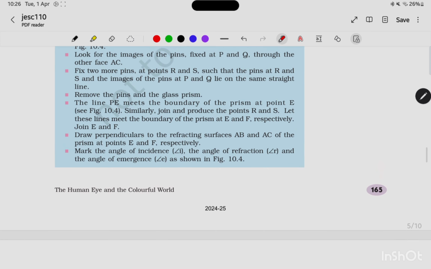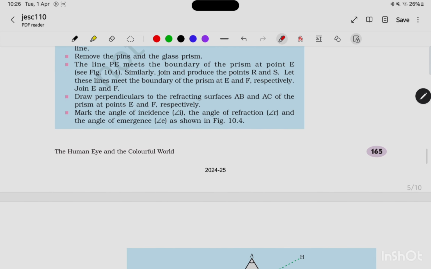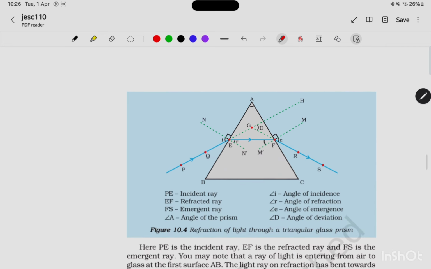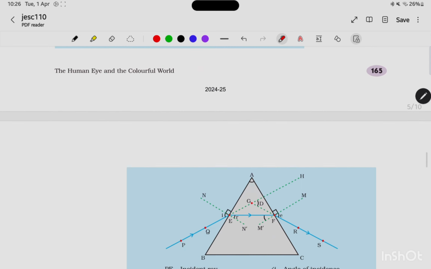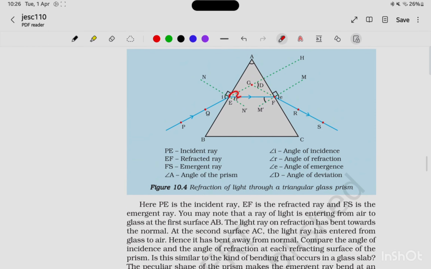Mark the angle of incidence i, the angle of refraction r, and the angle of emergence e, as shown in figure 10.4. So this angle is the angle of incidence, this angle is the angle of refraction, and this angle is the angle of emergence. Now if this light ray was to continue like this, it shall go on like this.